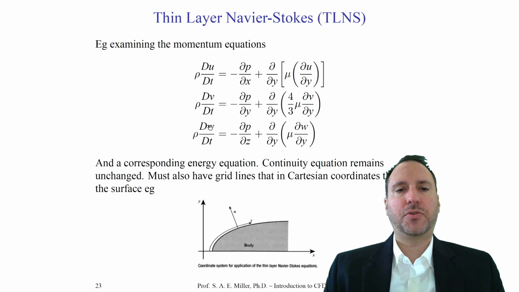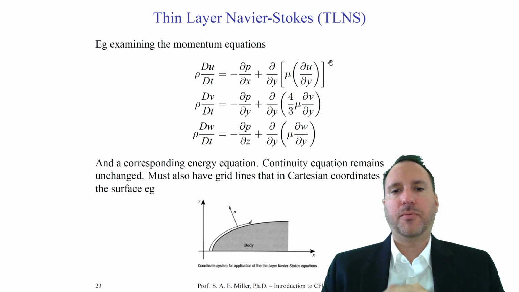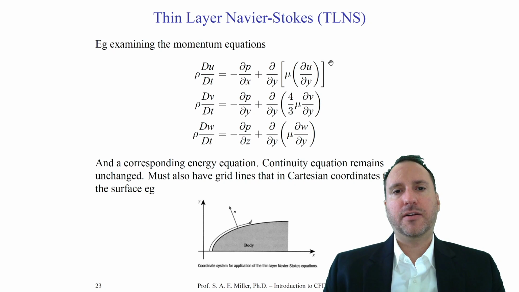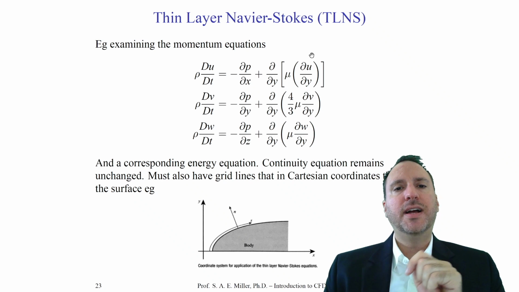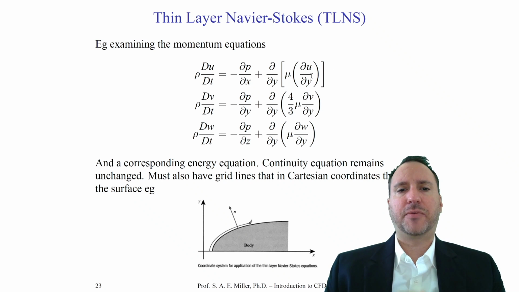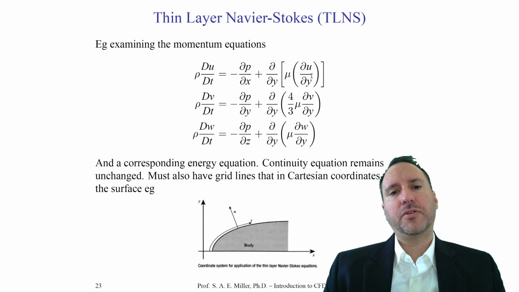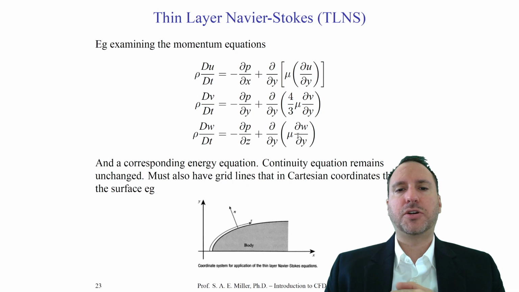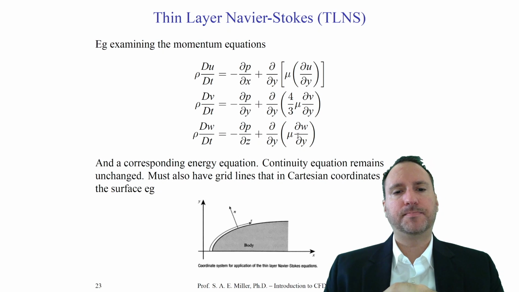Here's the material total derivative of U, V and W. This is the pressure terms, and of course now the viscous terms only involve one particular component. Here, for example, we have partial y of mu of partial u partial y. This is much simpler than evaluating the whole viscous stress tensor. So these are also very much like the Euler equations, but one particular term of viscosity on the right-hand side.